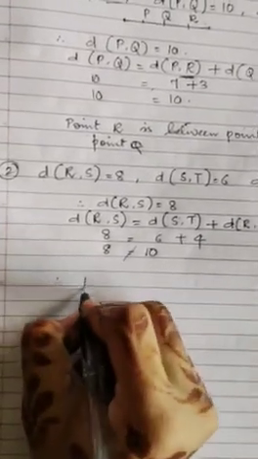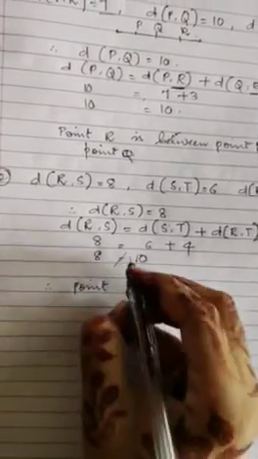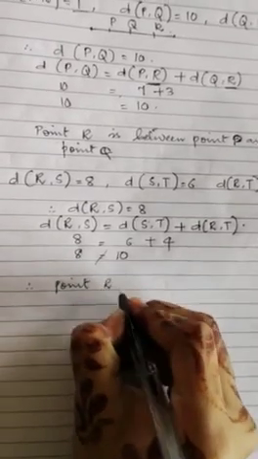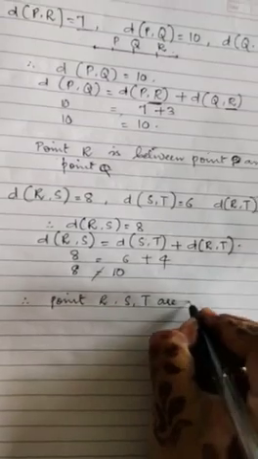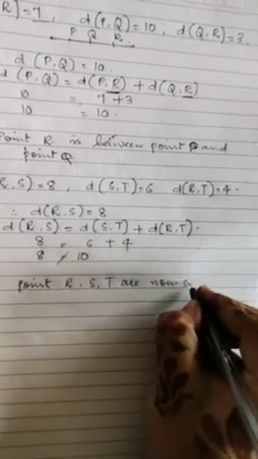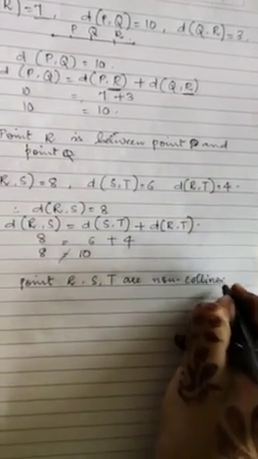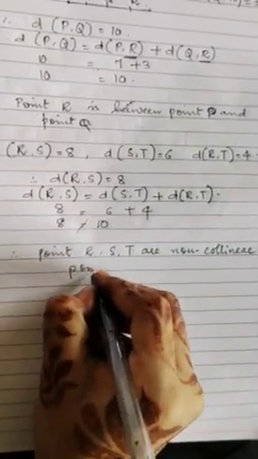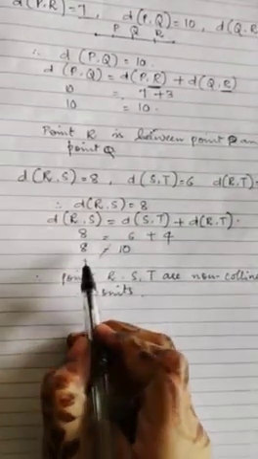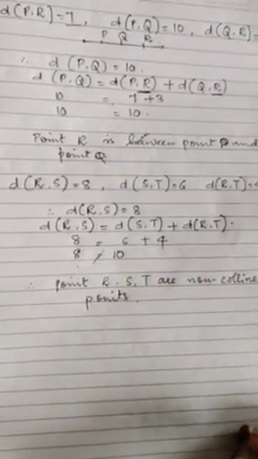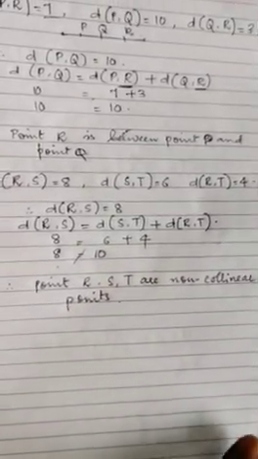Therefore, we have to write points R, S, T are non-collinear points. Like this you have to solve. It means both sides should come equal. If they are not, it means they are non-collinear points.